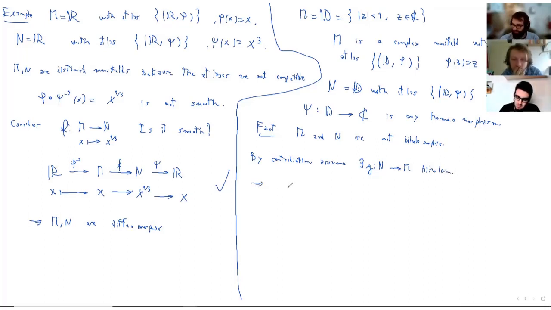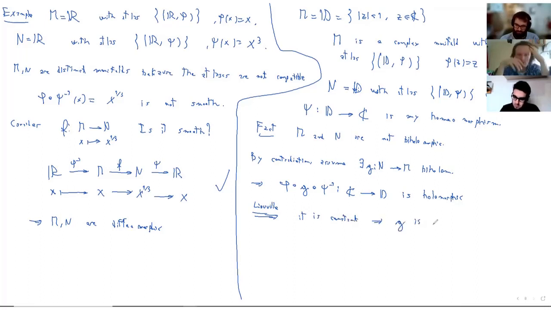What this means is that phi composed G composed psi inverse from C to D is a holomorphic map. But then by Liouville's theorem, this means that it's constant. So this means that G is constant, which is of course absurd.